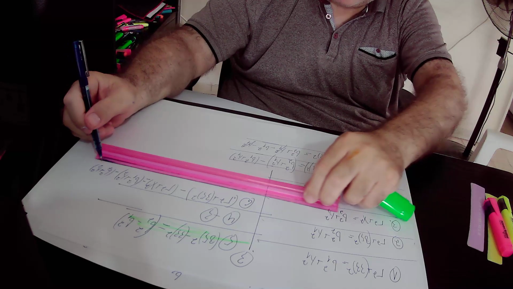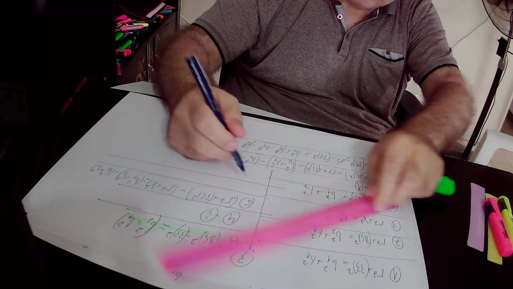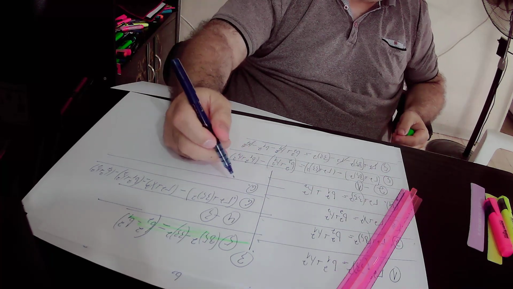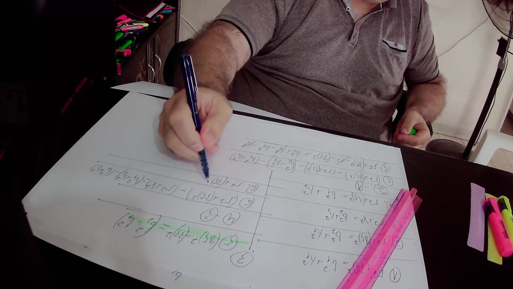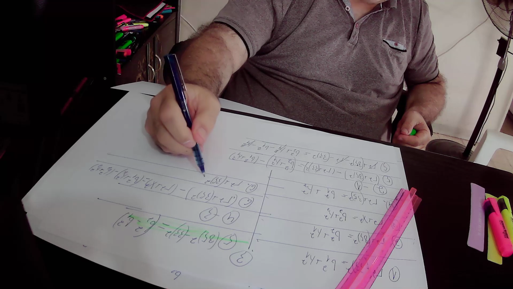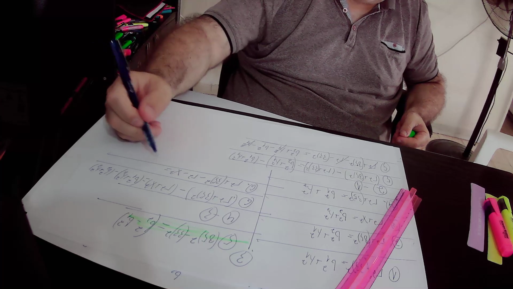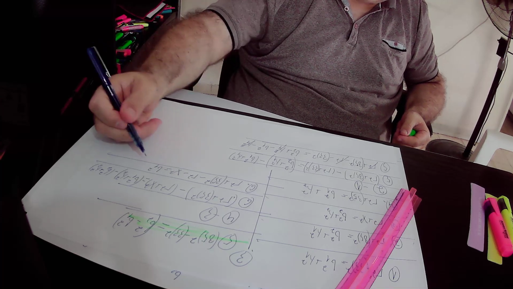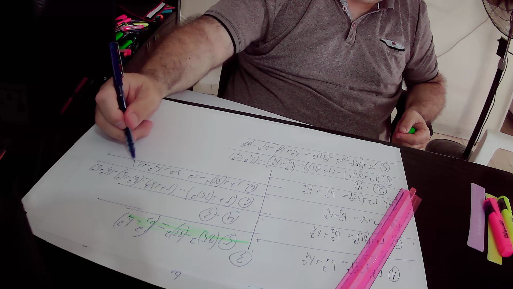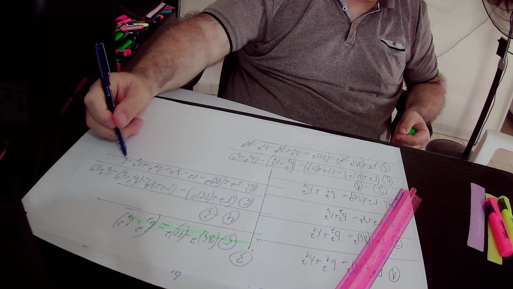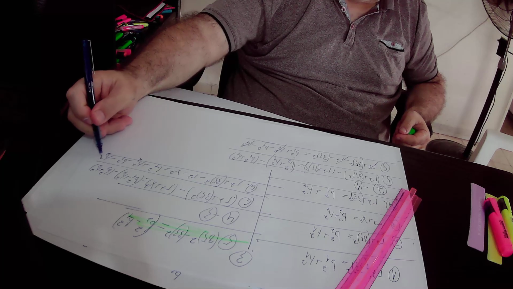In the next step we will open the brackets of equation number 6, and we get that according to equation number 6, r squared plus 35 squared minus r squared minus x squared equals b1 squared plus h2 squared minus b2 squared minus h2 squared.